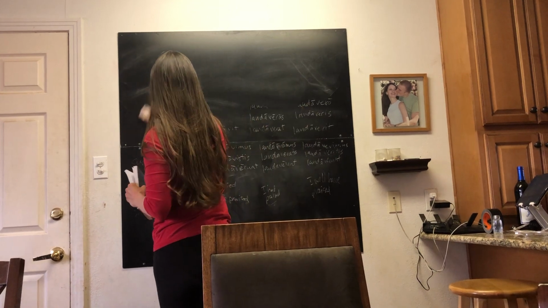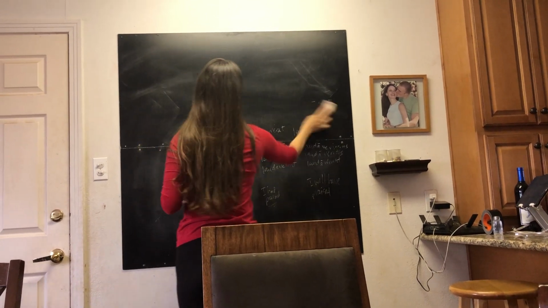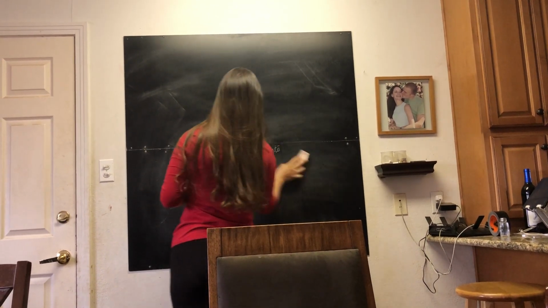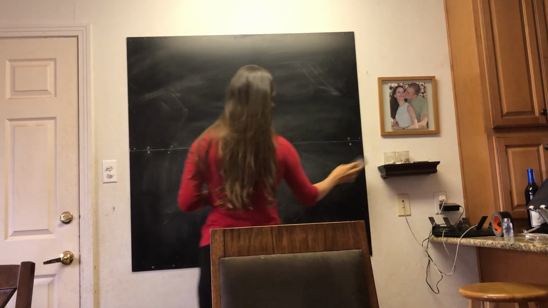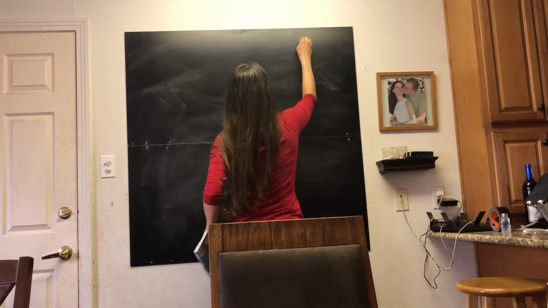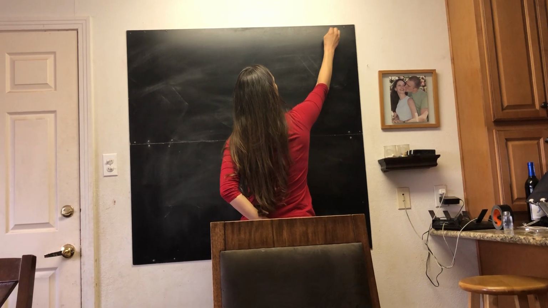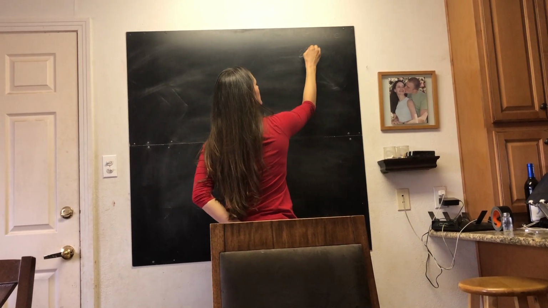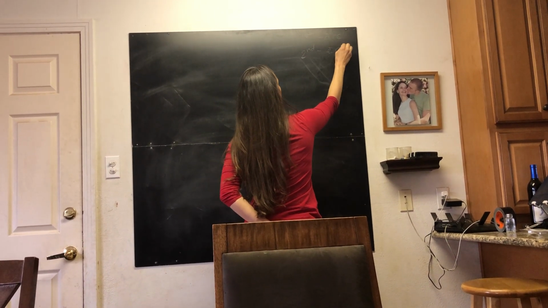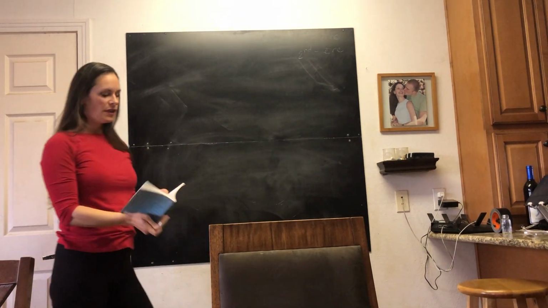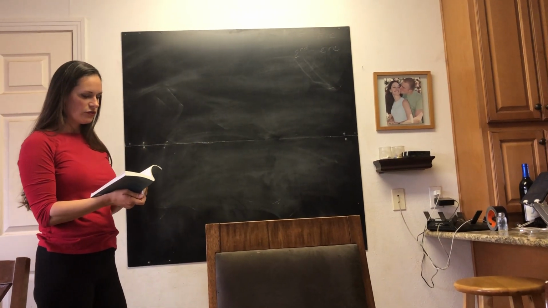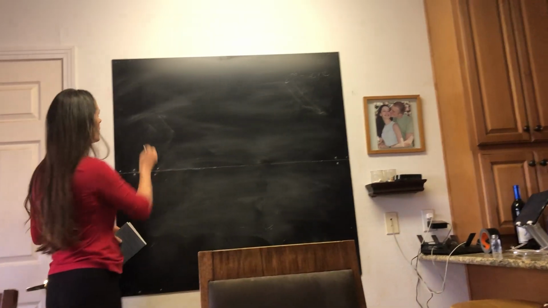Now we're going to do a second conjugation. So our first conjugation infinitive had the A ending. Second conjugation is going to be long E. And for this conjugation, we're going to use the model verb moneo.